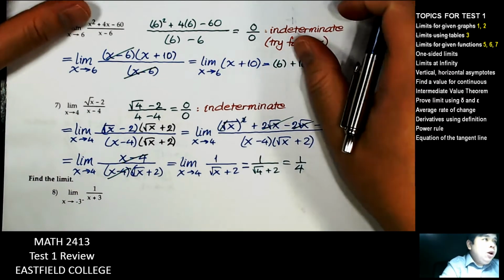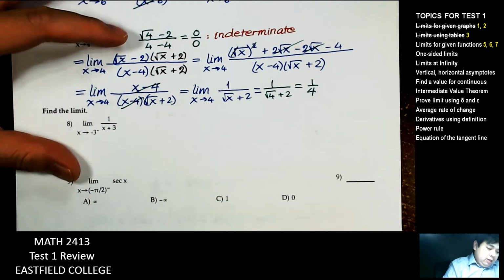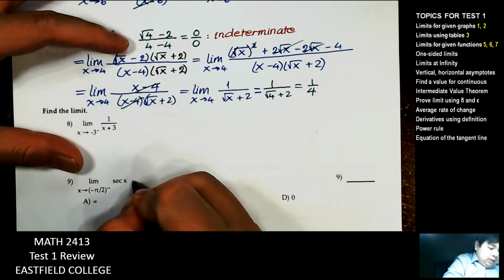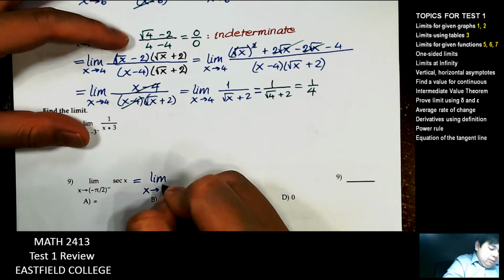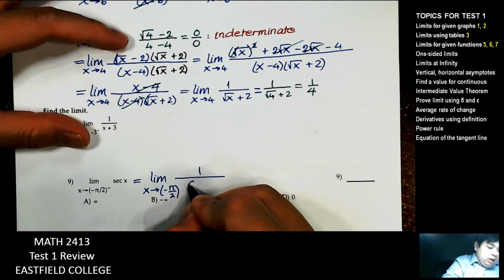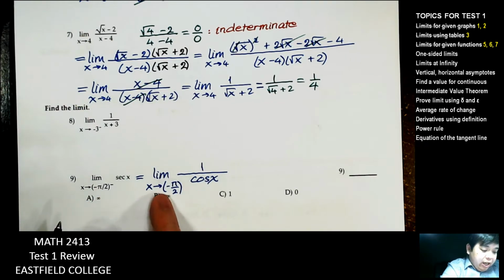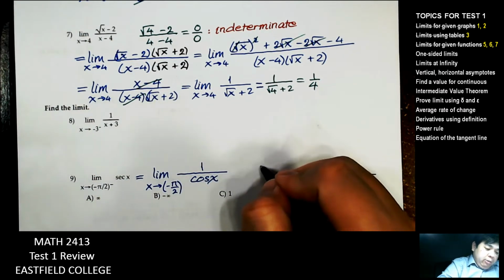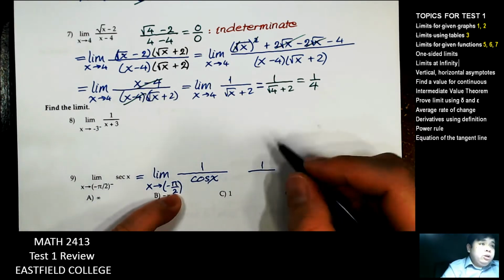One-sided limit. I'll take a look at this one. Second, if we need to evaluate secant, we have to rewrite secant as 1 over cosine of x. Now if we put negative pi over 2 into it, we have 1 over cosine of negative pi over 2.